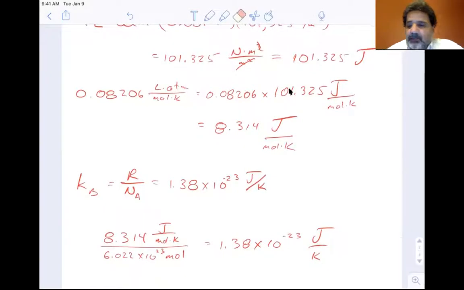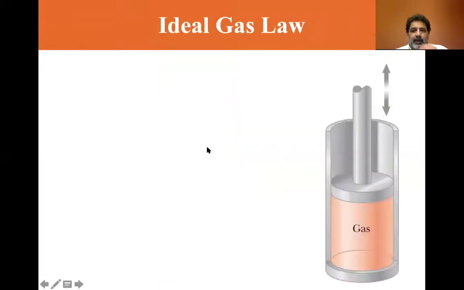All right, now let's stop this share and go back to the PowerPoint. So the ideal gas law: we studied the thermal expansion of solids and liquids. Gases take the shape just like a liquid does, but even more so, they take the shape of the volume that they're in.